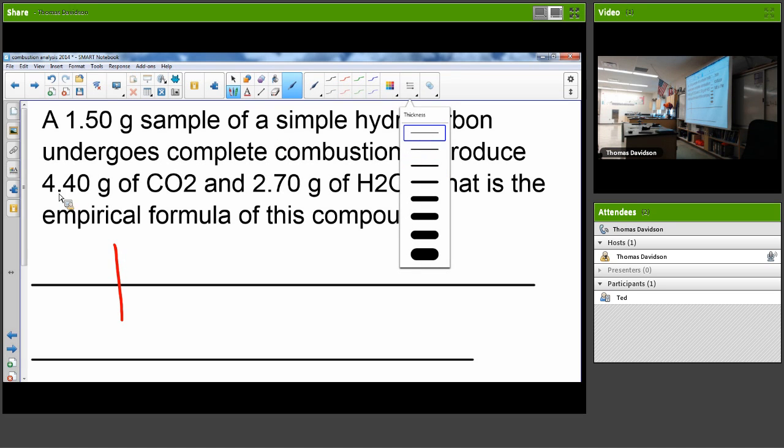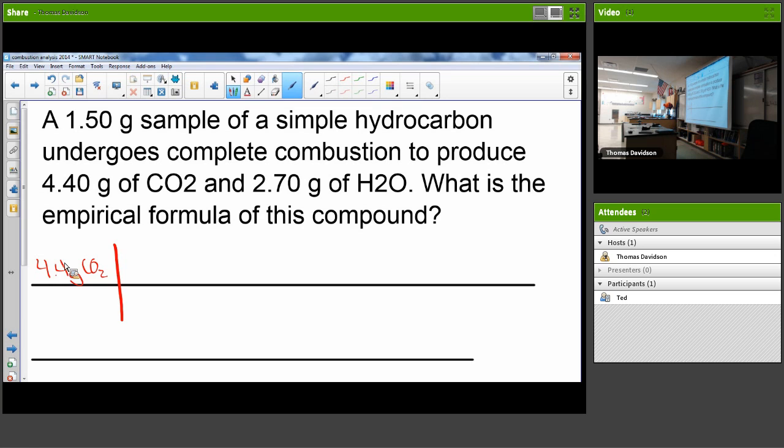So I was given, remember my first step is to find C, right? So I was given 4.4 grams of CO2. Now, if you're in math class, these are just ratios that you put in parentheses and you multiply them. I just put them in this thing. I've had a lot of success with it. It makes things a lot more simple.